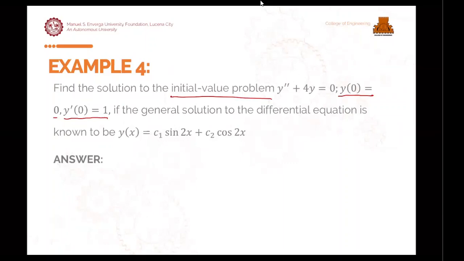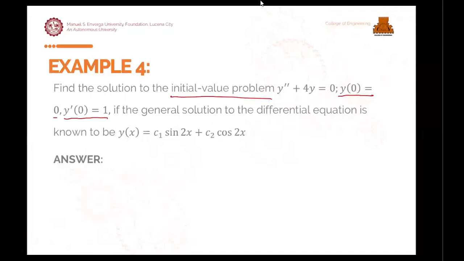So, let's start. Okay? So, find the solution to the initial value problem. Yung given differential equation natin is y'' + 4y = 0, the same as the previous differential equation. So, if the general solution to the differential equation is known to be itong value na to. Okay?